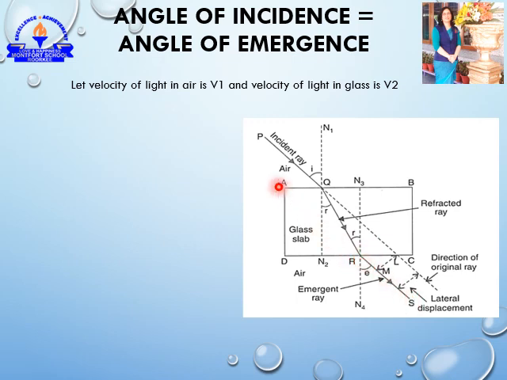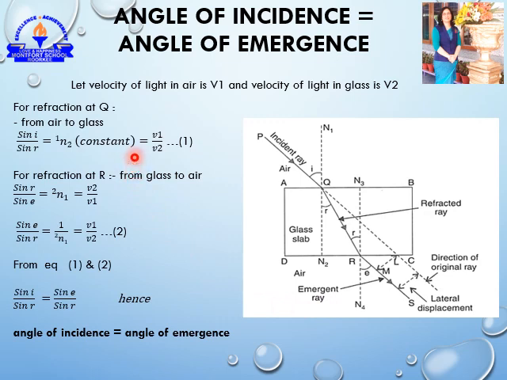So we are going to take here that velocity of light in air is V1, velocity of light in glass as V2, and again when the ray is emerging out of the glass, it is entering air again. Therefore velocity of light in the medium air is V1.